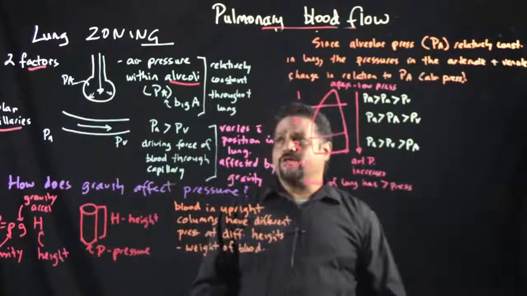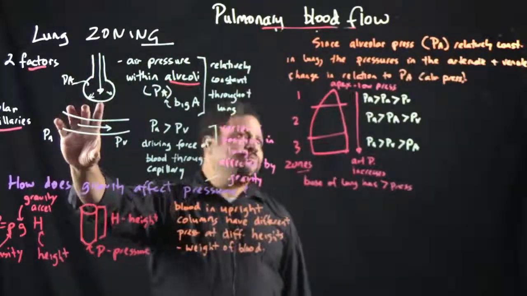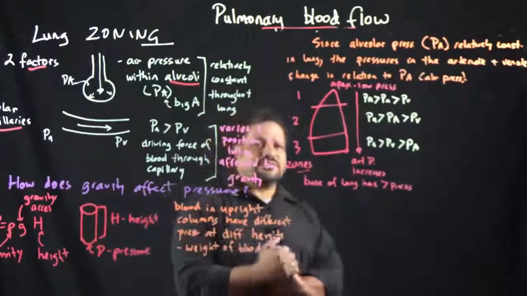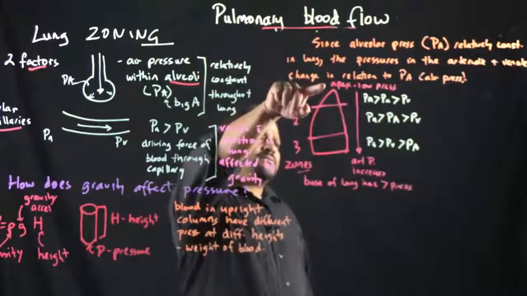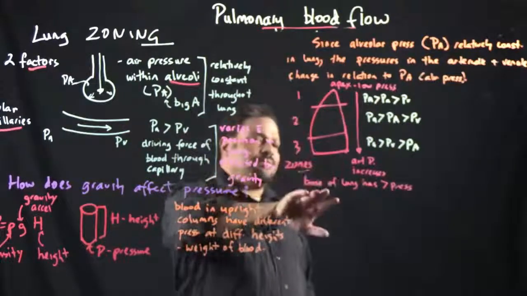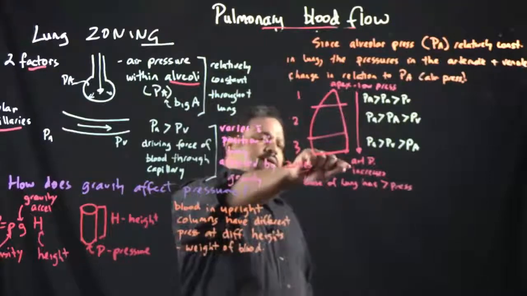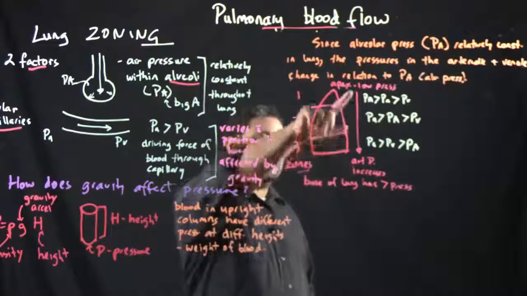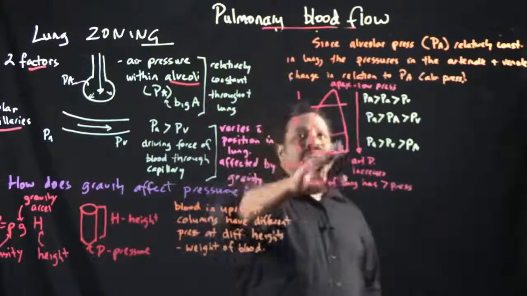Now that we've clarified the alveolar pressure and the pressure gradient in the capillaries, let's look at how this affects zoning in the different parts of the lung. In the apex, we have low blood pressure, and at the base of the lung, we have greater blood pressure. The pressure follows that arrow downwards, so arteriolar pressure increases as you go down towards the base of the lung.